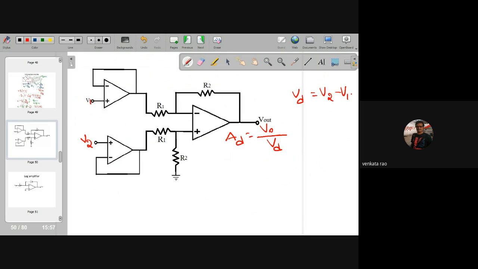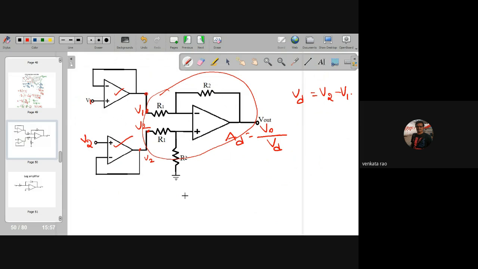Here, see this. This is V1. Now it is also V1. It is V2. Voltage follower it is. So it is V2. Simple. This is nothing but a subtractor. Just to make a confusion to you, they added two voltage follower circuits.